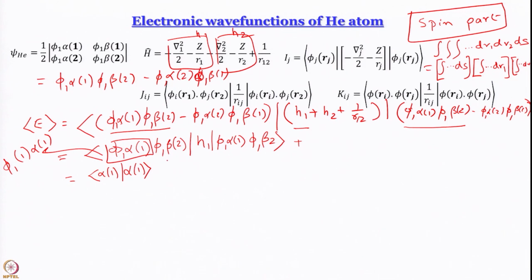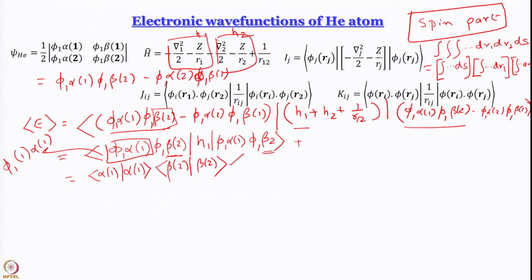Next, what do I have? I have another spin part, that is beta 2 and beta 2. My handwriting is so bad that I myself am getting confused. So I can blame you for getting confused here, sorry about that. So second integral that comes out is beta 2 in bra, beta 2 in ket.